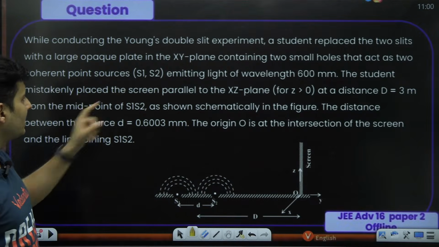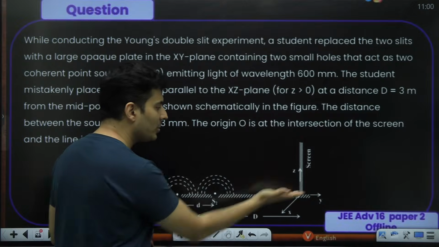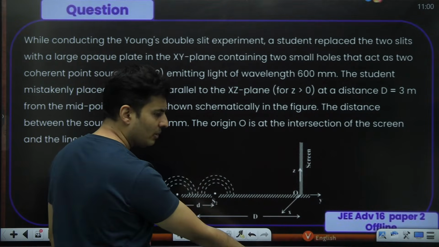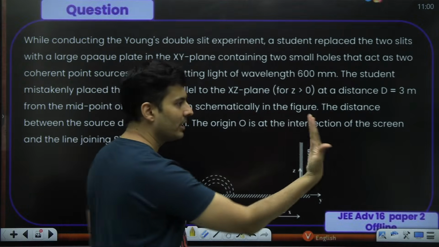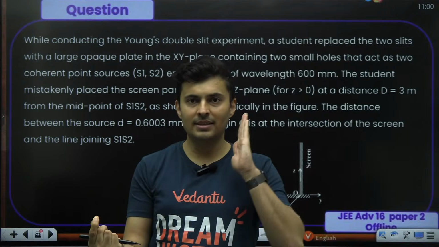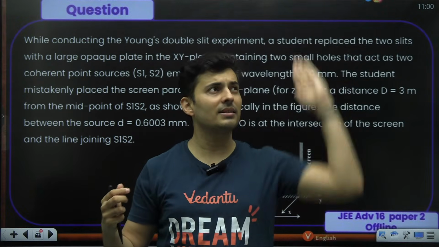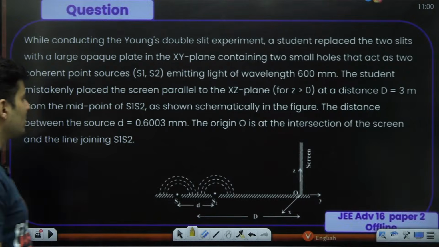The student mistakenly has placed the screen in the zx plane. Z more than 0 means on the top, z less than 0 would be below. The zx plane is basically the plane towards you. So think as if there are two sources over here and the zx plane is over here. This is acting like a screen now. The distance between the sources is also given.